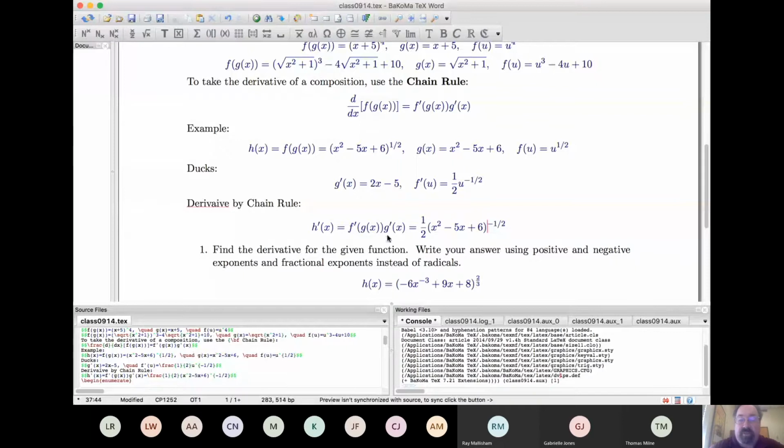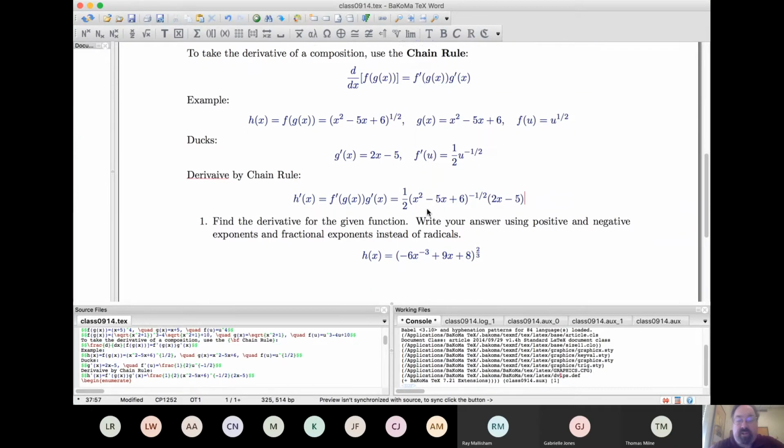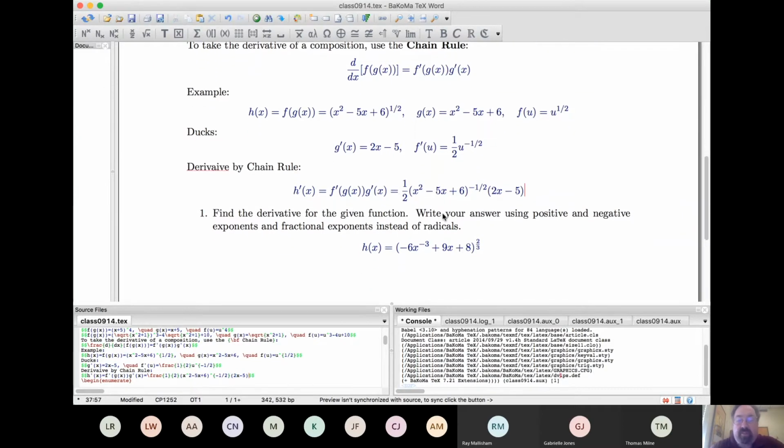Then all of this is multiplied by the derivative of g. So I have that handy. Again, use parentheses. And you're done. So you have a function like this that's a function of a function.